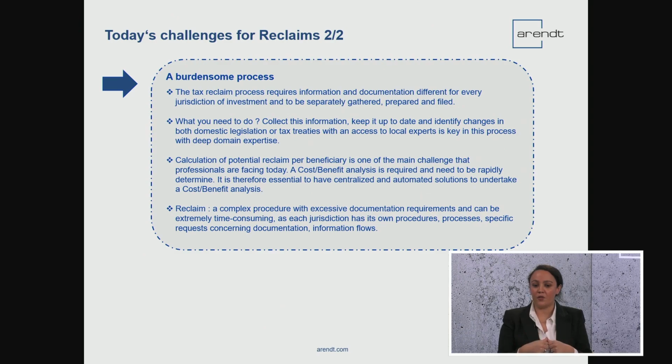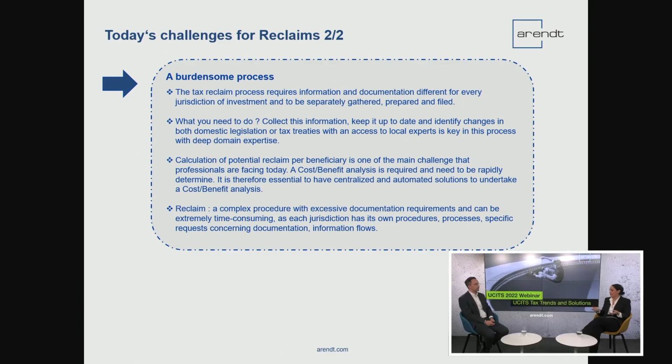The first step of the process is the cost-benefit analysis. When we want to go for reclaims, we need to identify whether we have reclaim opportunities. As I mentioned before, you have three types of legislation for reclaim opportunities: domestic legislation, double tax treaty, or EU law. You need to combine all this information, the double tax treaty rates, the domestic legislation rate, but also the reclaim period information.